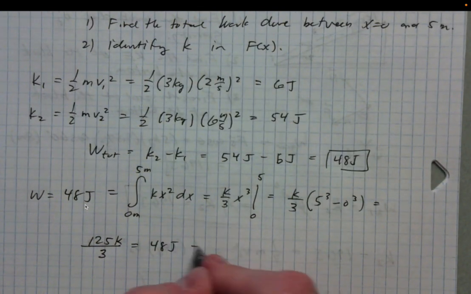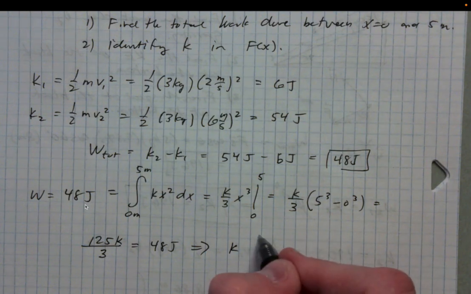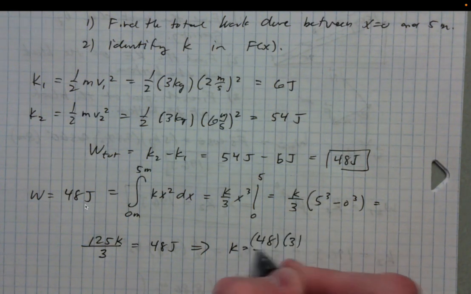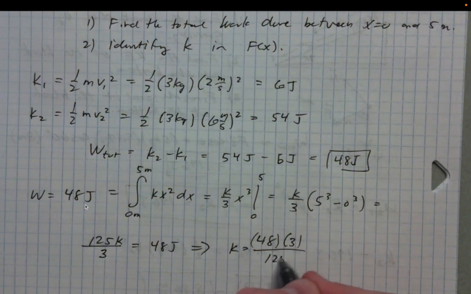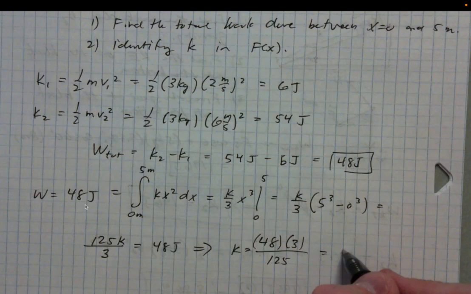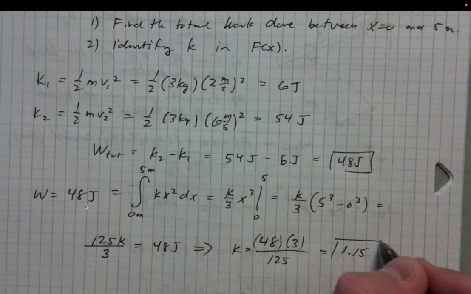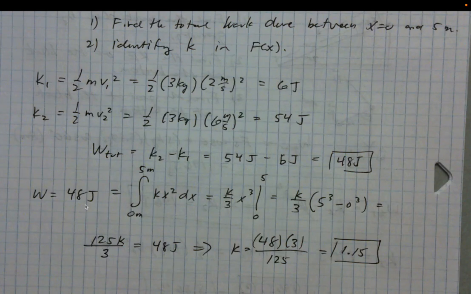And so that means our k, and I'm not going to worry about the units right now, k is equal to 48 times 3 divided by 125. Right? And you do all of that, you get k is equal to approximately 1.15. Right? So that's the constant in this variable force function, this kx squared.